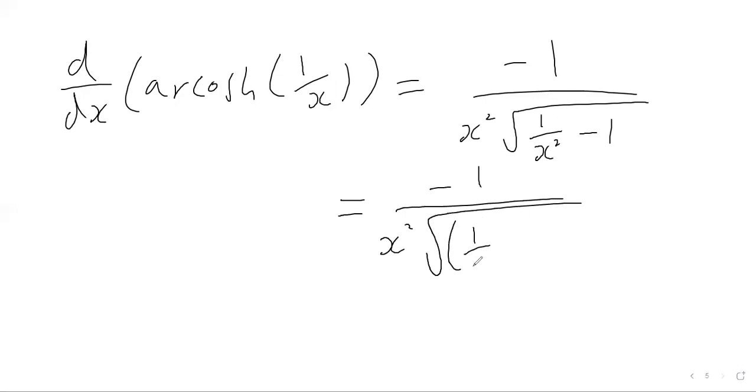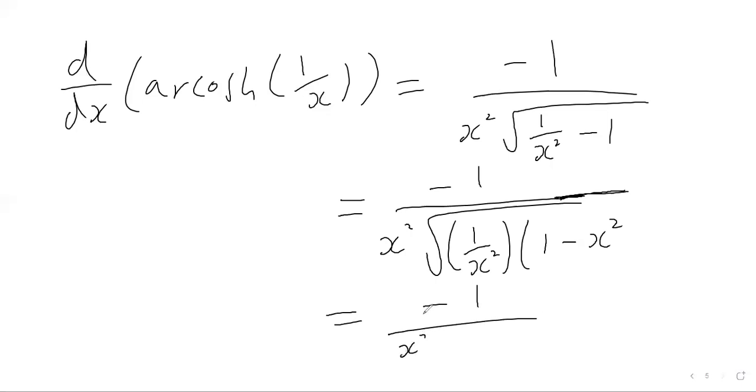So we get 1 over x squared multiplied by 1 minus x squared, like so. And then if we just tidy this up a little bit, we get negative 1 over x squared from there. And we multiply it by the square root of 1 over x squared, which is just the same as dividing it by root x squared. And then multiply that by the square root of 1 minus x squared, like that.